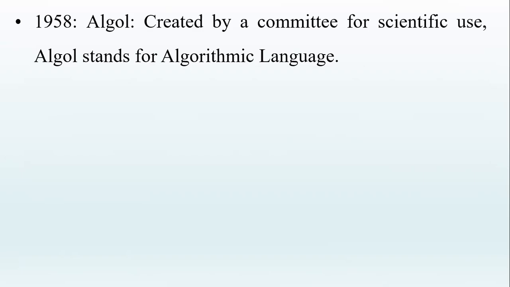In 1958, ALGOL was developed. It was created by a committee for scientific use, and it stands for algorithmic language.